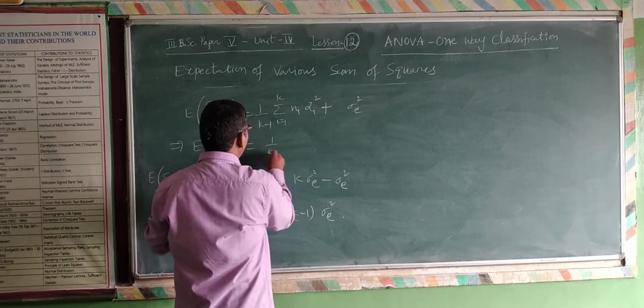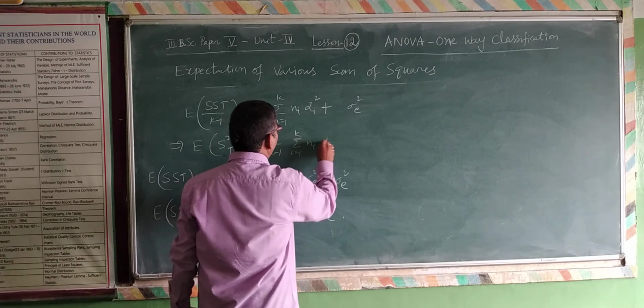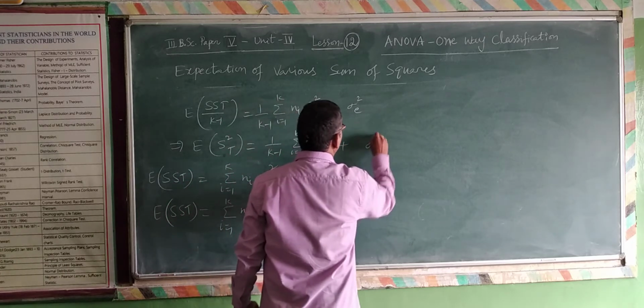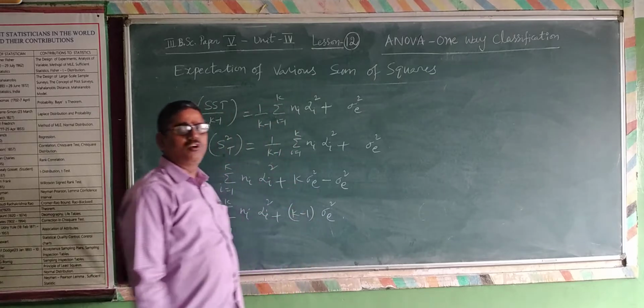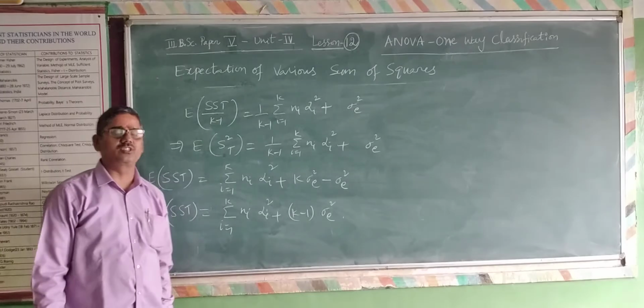It is 1 by k minus 1 into summation i equals 1 to k n_i alpha_i squared plus sigma_e squared. This is the value of expectation of S_t squared, mean sum of squares due to the treatments.